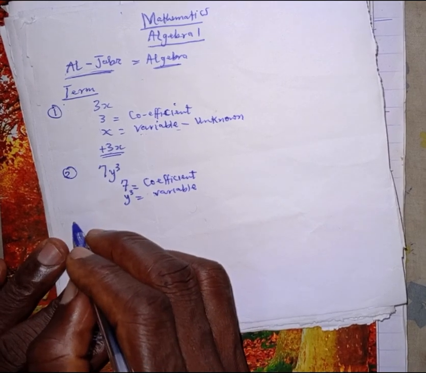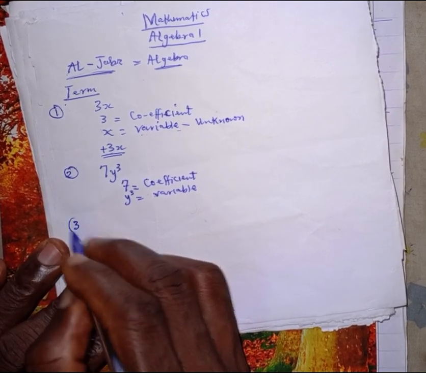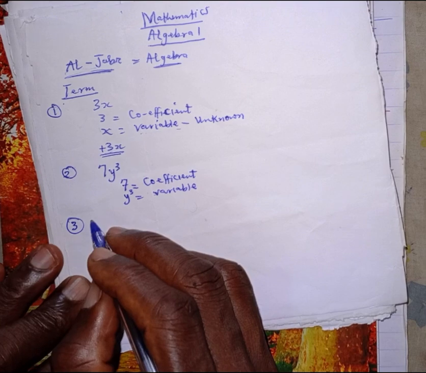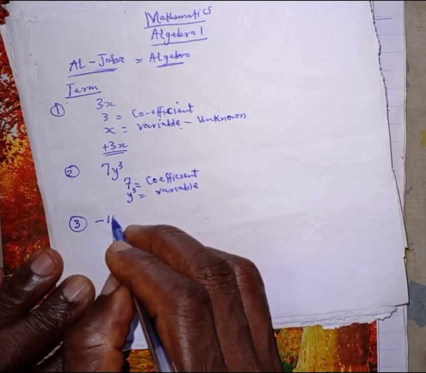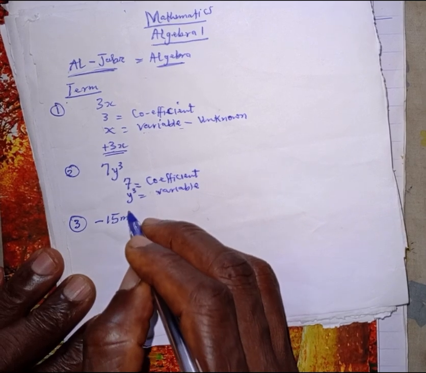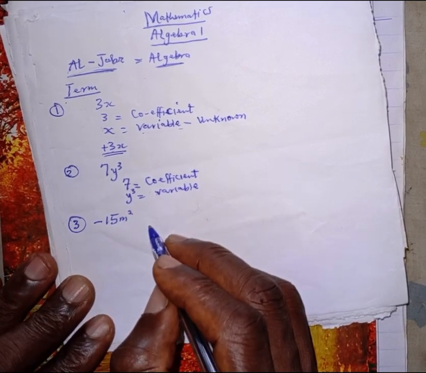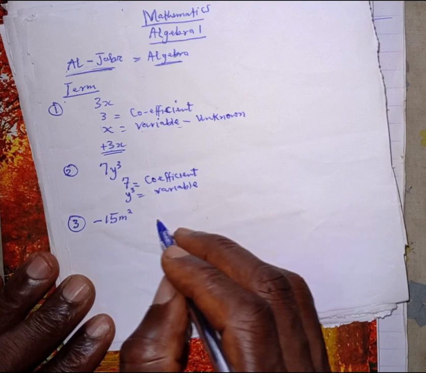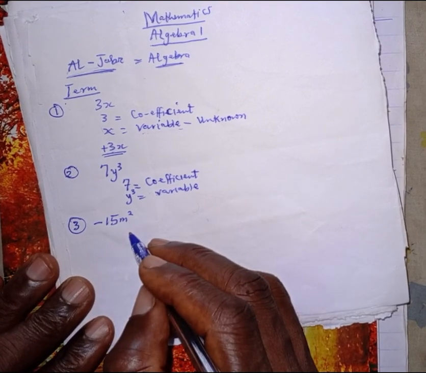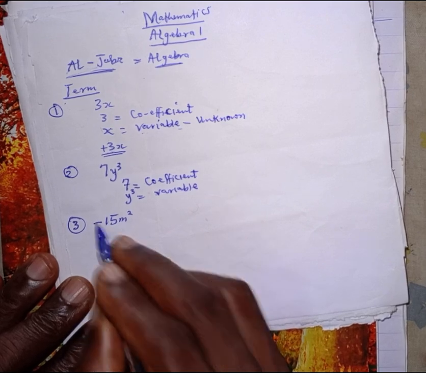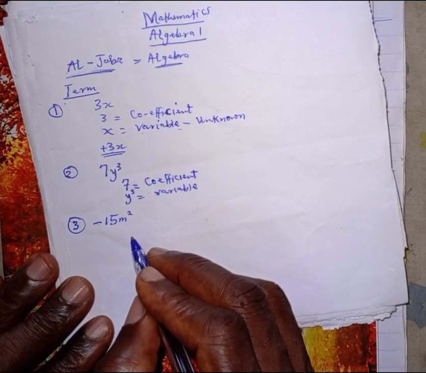Let's take another one briefly. You have number 3. We have minus 15m squared. If we have minus 15m squared, then this is also a term, a negative term, a term that has a negative number.